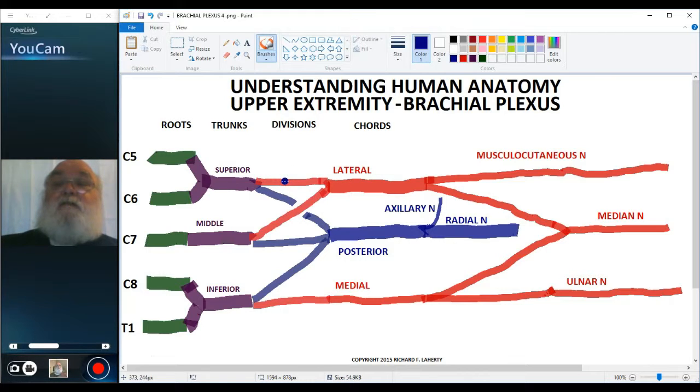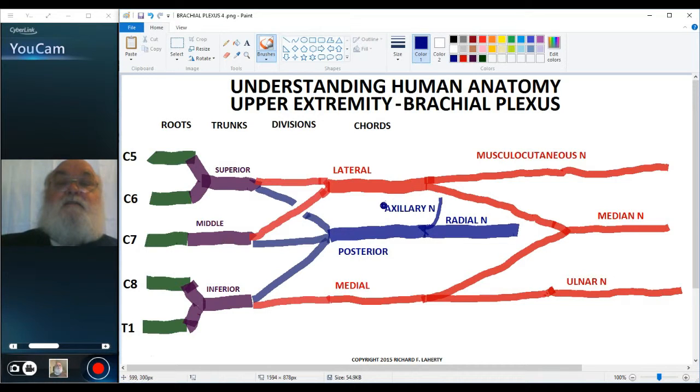The anterior division of the superior and middle trunk form the lateral cord. The anterior division of the inferior trunk forms the medial cord, and the posterior divisions of all 3 trunks form the posterior cord.